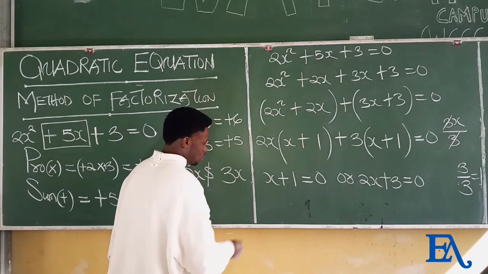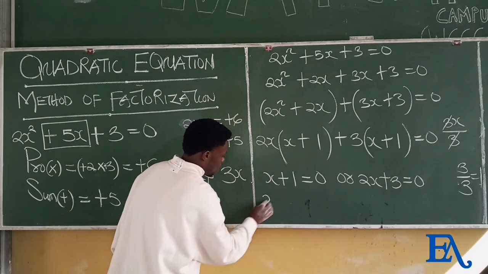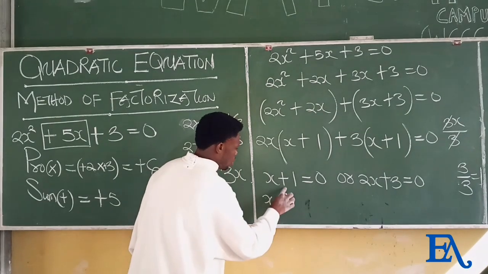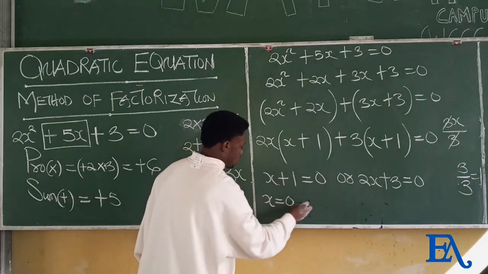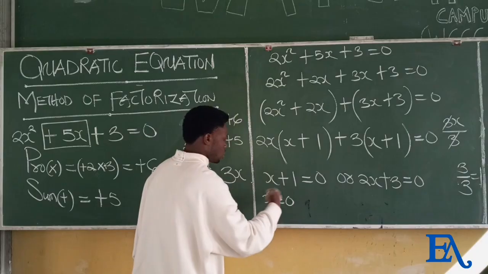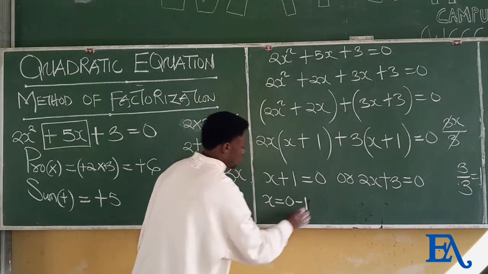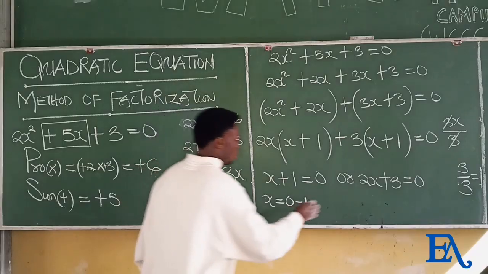Making x the subject, we have x is equal to 0. When 1 crosses over to the right hand side, the sign changes to its opposite sign, which is minus 1. From plus 1 to minus 1.